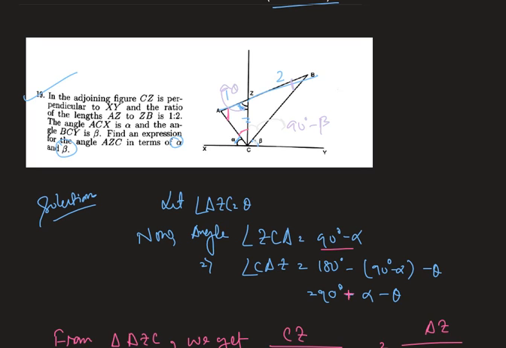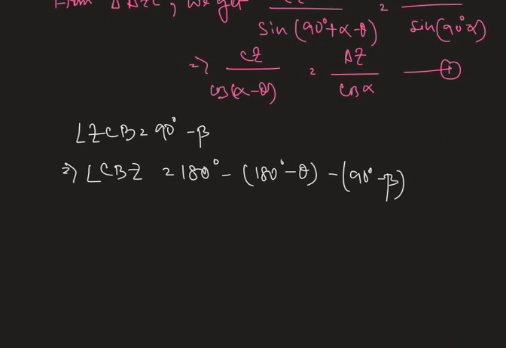As this angle is theta, therefore this is 180 degrees minus theta, therefore this is 180 minus 180 minus theta minus 90 minus beta. After some operations, this reduces to minus of 90 degrees minus theta plus beta.